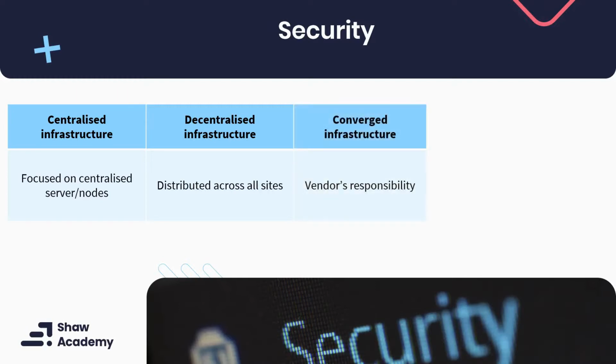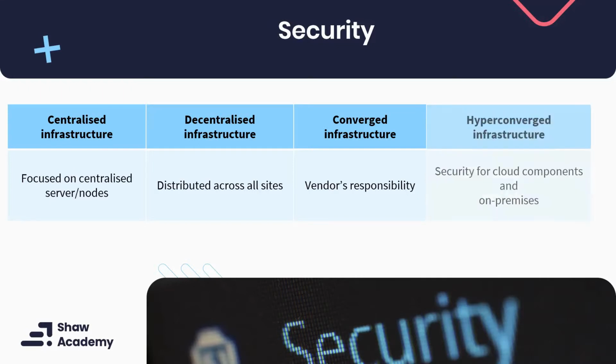Converged infrastructures implement the use of vendor security, since the converged infrastructure system is pre-configured and pre-tested by the vendor. The vendor is responsible for securing the purchased infrastructure. With a hyper-converged infrastructure, security is adopted both in the cloud components and on-premises hardware and software within the infrastructure.